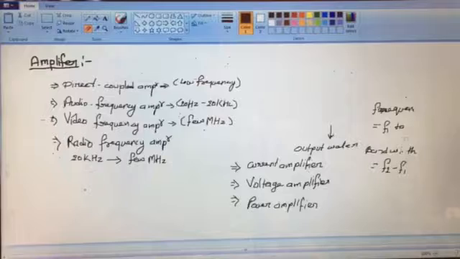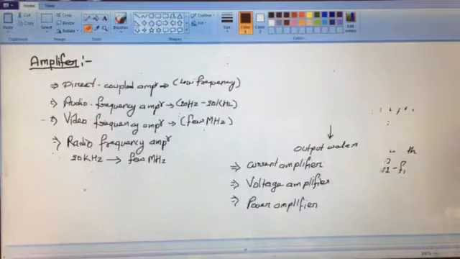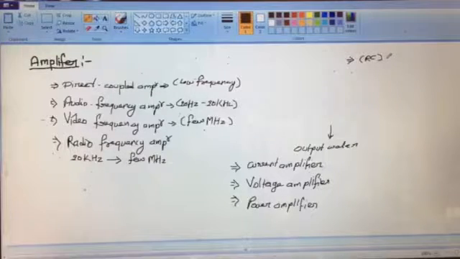So in that case, the amplifier will be a resistance capacitance amplifier. On the basis of the passive elements used in the amplifier, it is known as RC amplifier.